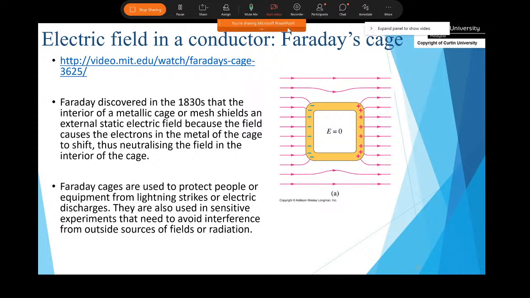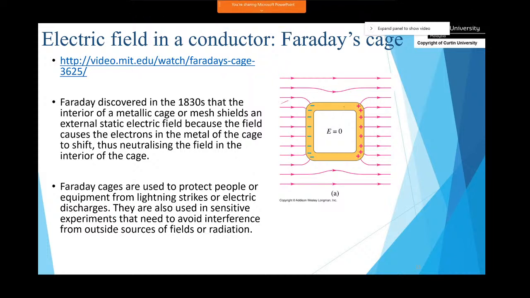Okay, so when we have an empty electric field at the center, this is what we call Faraday's cage. So with Faraday's cage, there will be electricity conducting on the outside of the conductor, but whatever stays inside here will be safe.